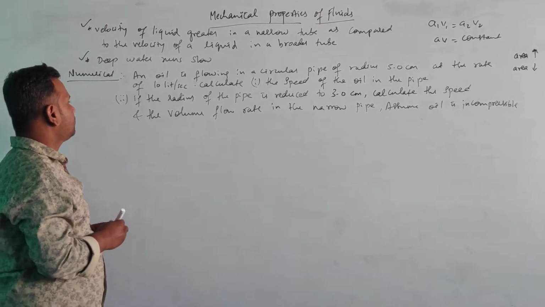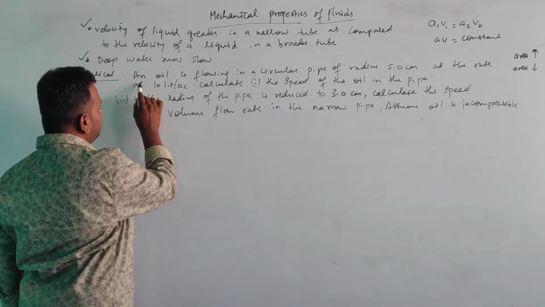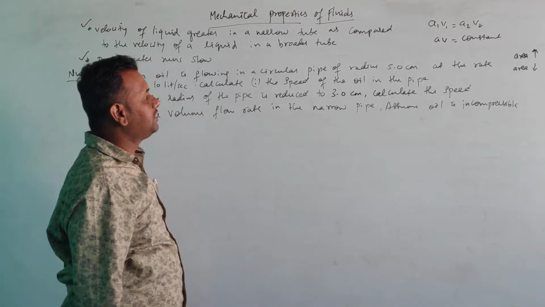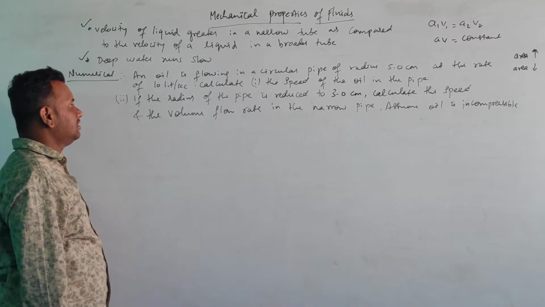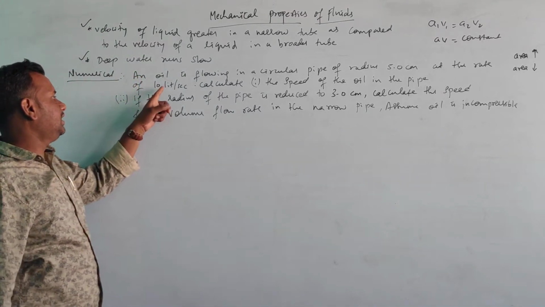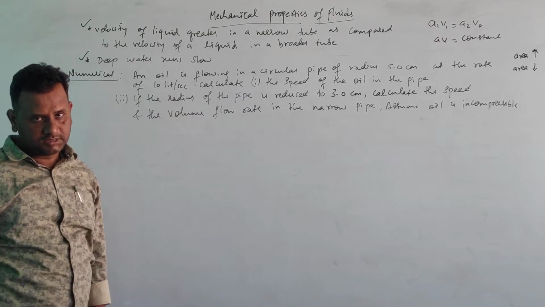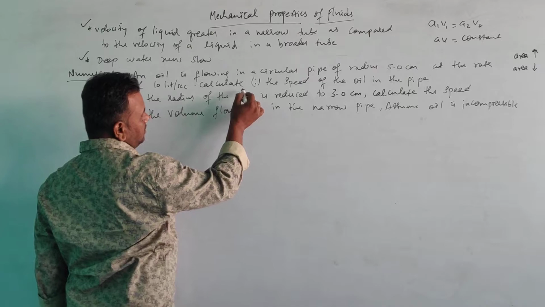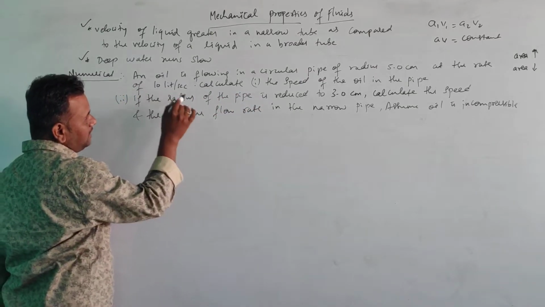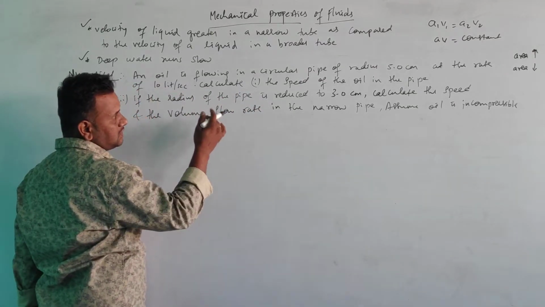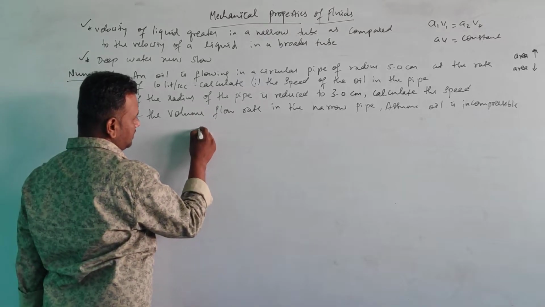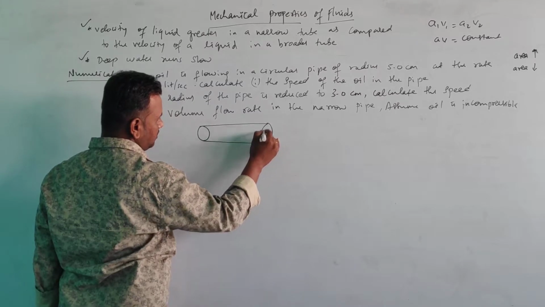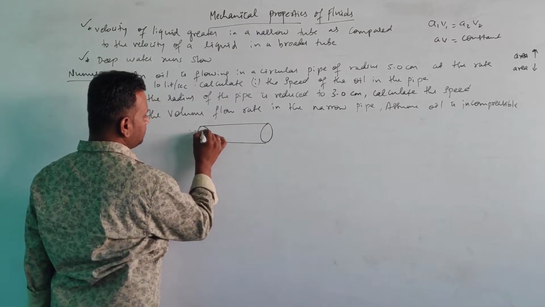The question is that an oil is flowing in a circular pipe of radius 5 centimeter at the rate of 10 liter per second.